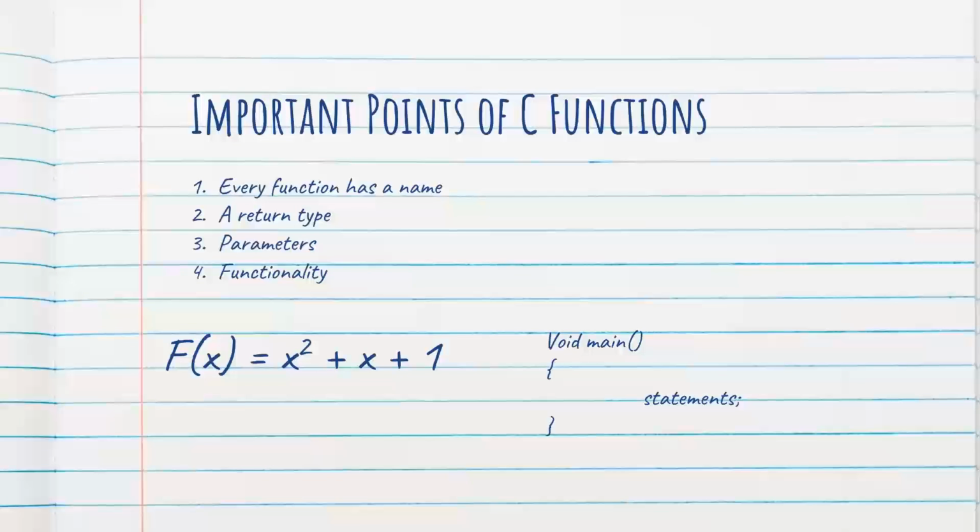Main is the name of the function. Then there is a bracket which is empty, which means that this function does not contain any parameter. So a function can either contain parameters or not contain parameters. And the statements resemble the functionality. Whatever functionality we want to perform, we write in these delimiters, and those statements become the functionality of the function.